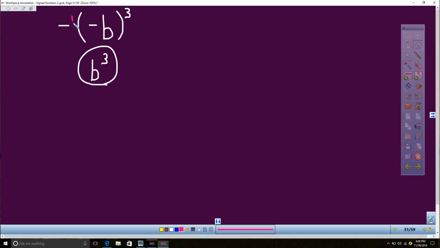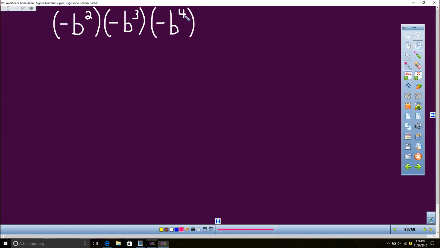So I can put in 1 times, and I can put in a 1 times. Now notice that this exponent applies to the parentheses, which means it applies to everything in the parentheses. So this exponent of 3 is telling me that the 3 applies to the negative. So there's actually 3 negatives here. There's another one here. 3 plus 1 is 4. 4 negatives. 4 is an even number. That tells me that the answer is going to have a positive symbol.